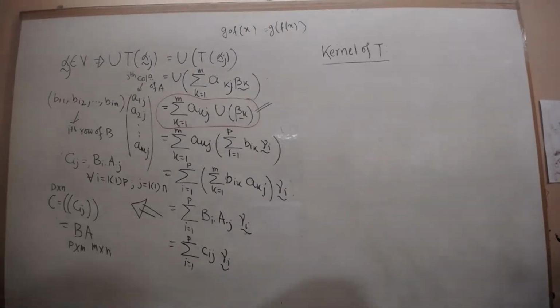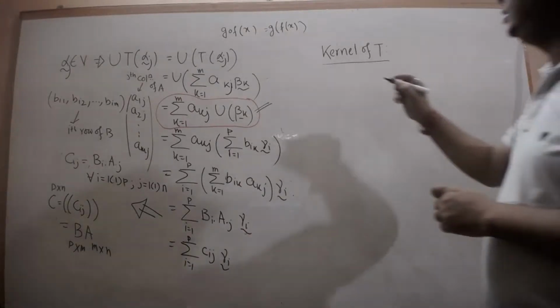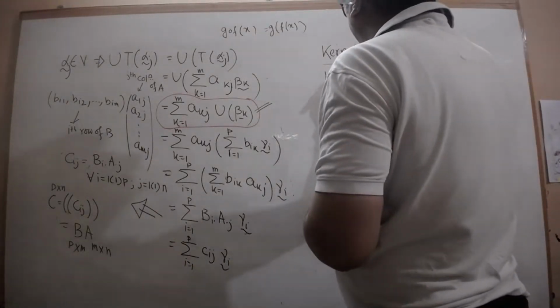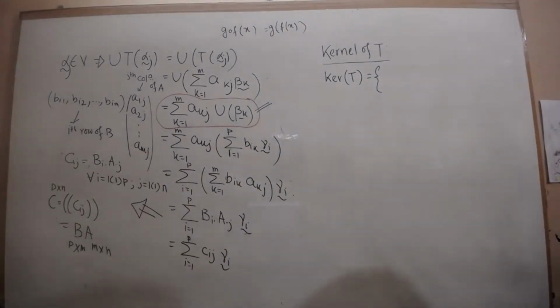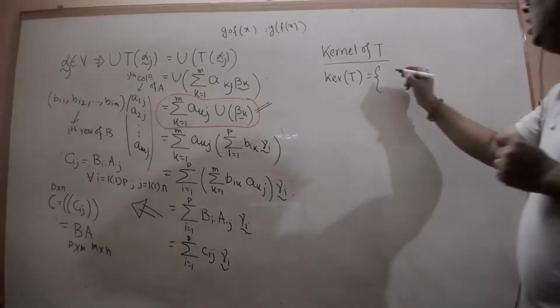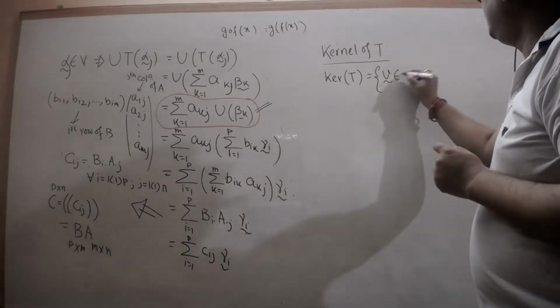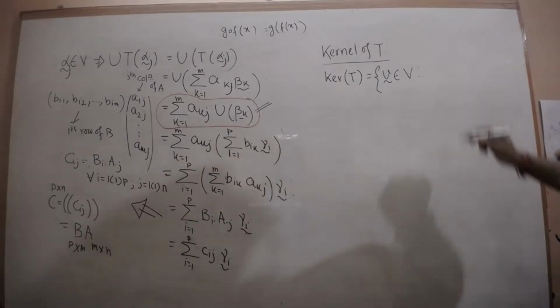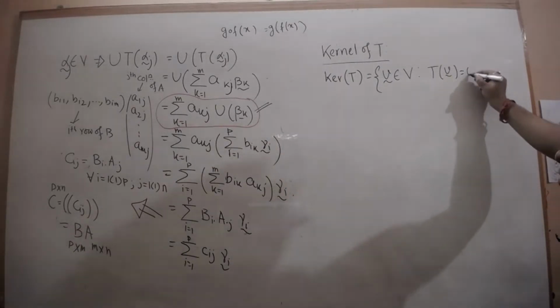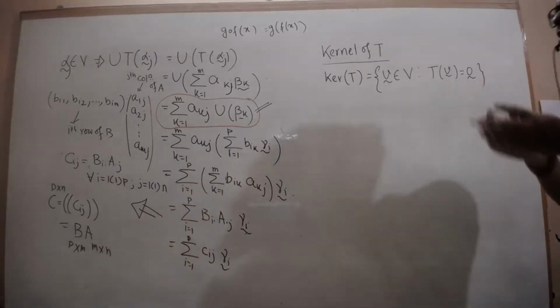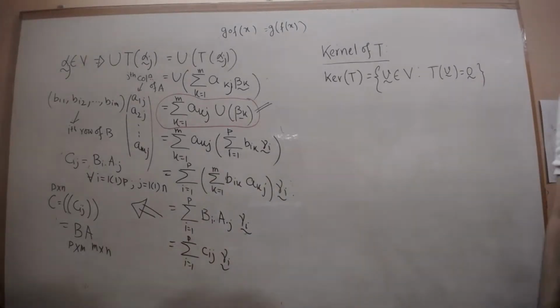Now kernel of T. To define the kernel of T, it is the collection of vectors v belonging to the vector space V such that T of v equals 0. This is nothing but a system of homogeneous equations, or null space.